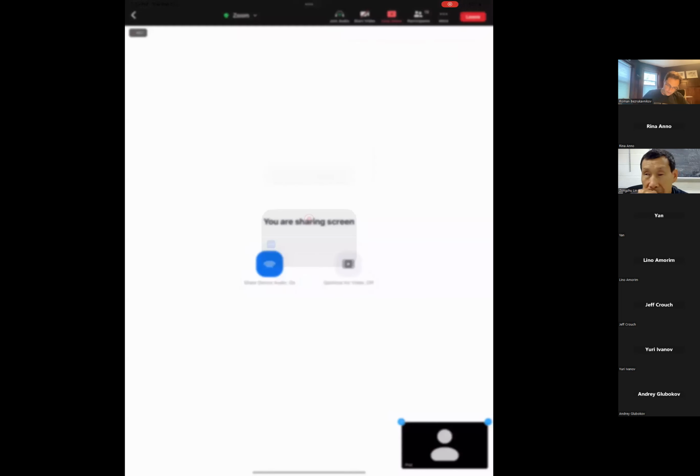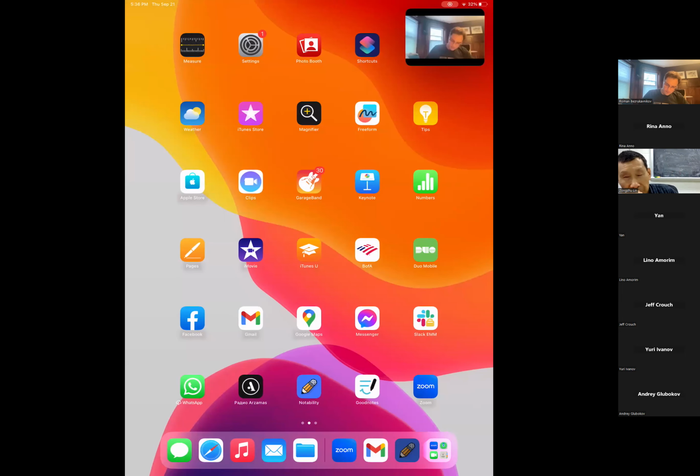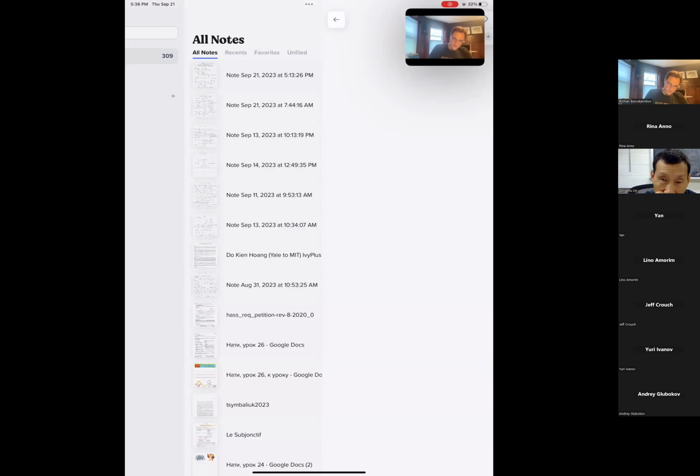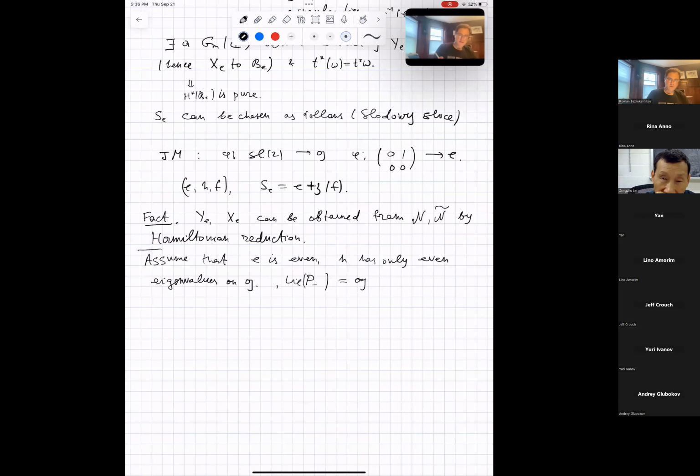Okay. Its Lie algebra is g_{≤0}, which means the sum of the H eigenspaces with negative eigenvalues.